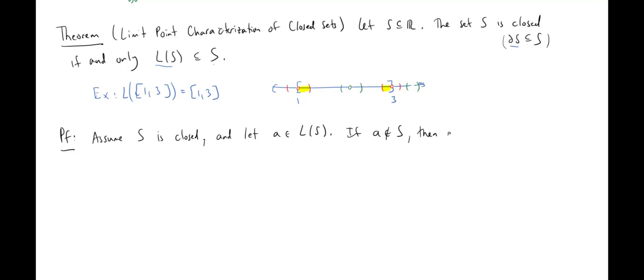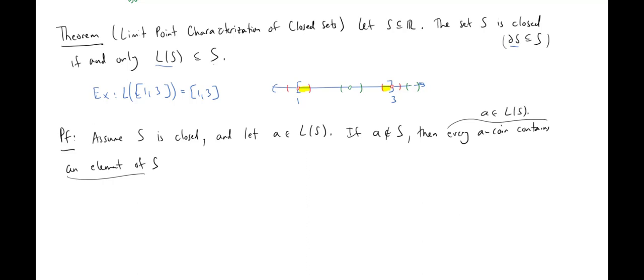Okay, so then every A coin contains an element of S. And this is because A is a limit point.